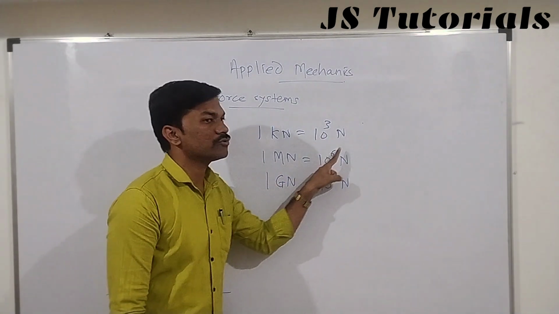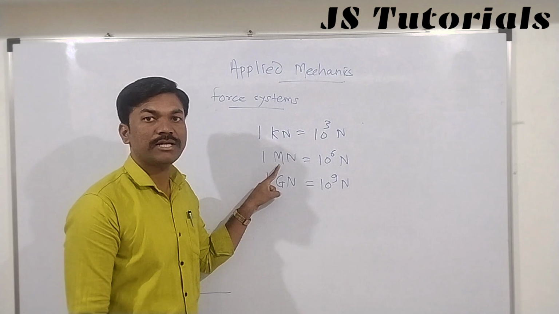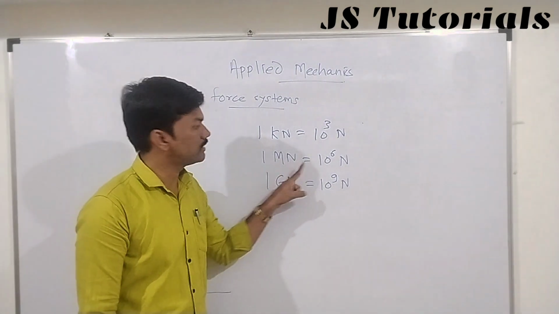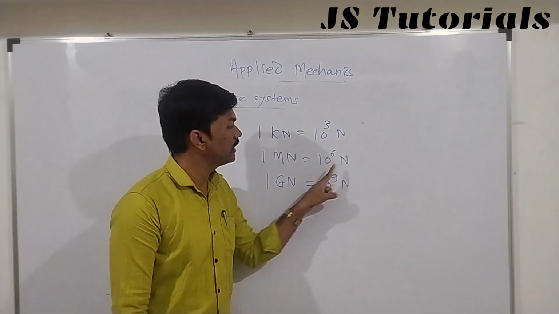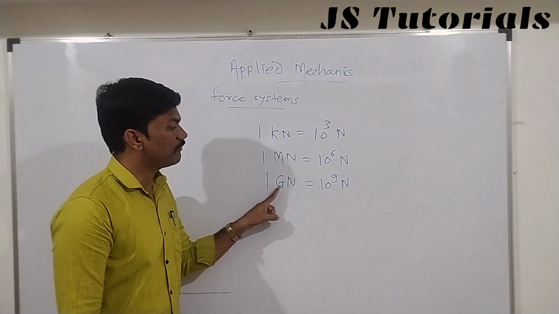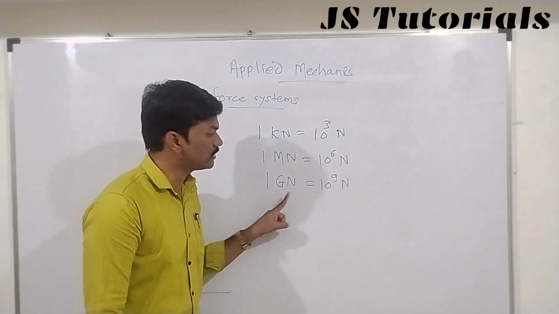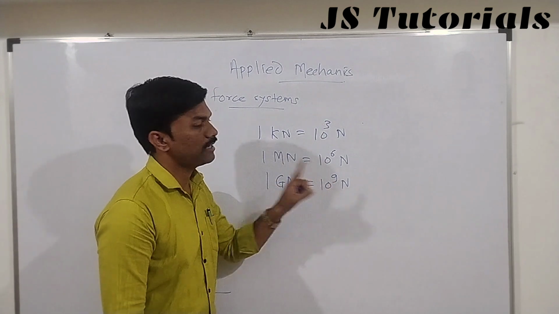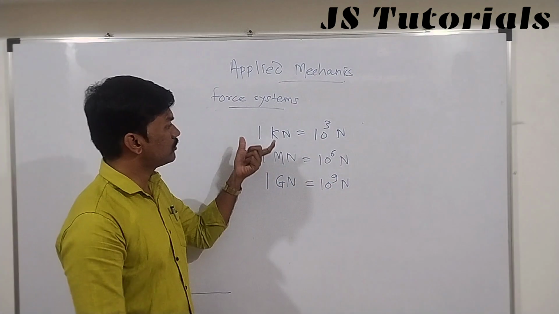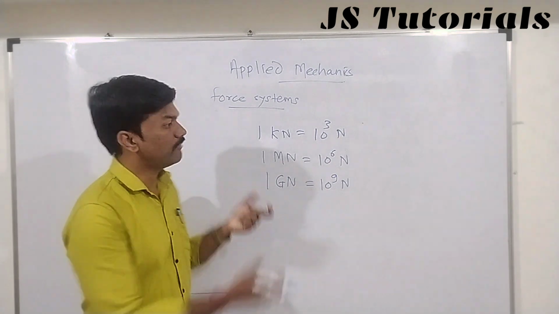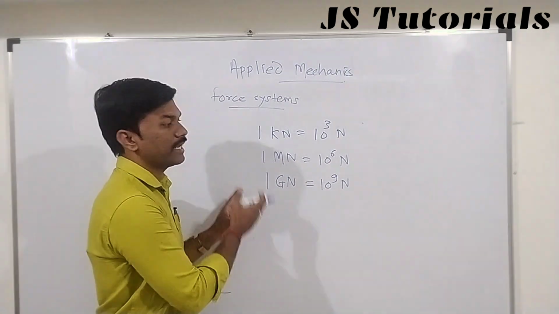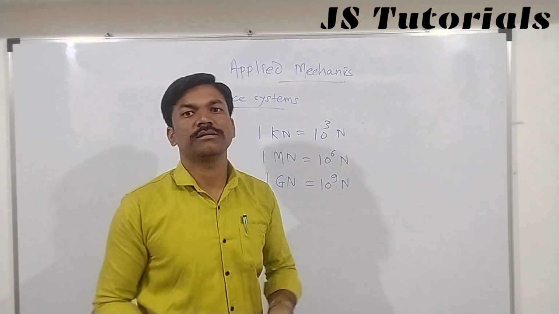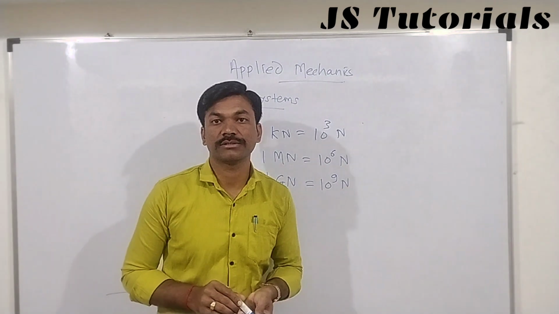M stands for 10 raised to 6, meganewton; you can remember M for million, 10 raised to 6, 10 lakhs. And 1 giganewton is equal to 10 raised to 9. 3, 6, 9. All these concepts should be remembered to convert the value of kilonewton, meganewton or giganewton into Newton to calculate the answers to the question.